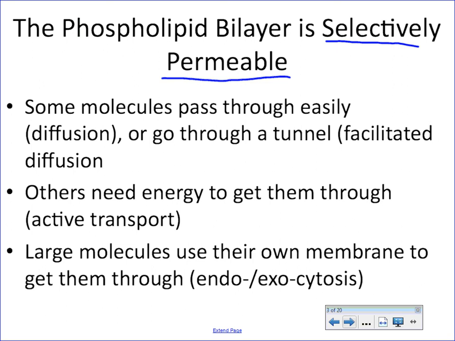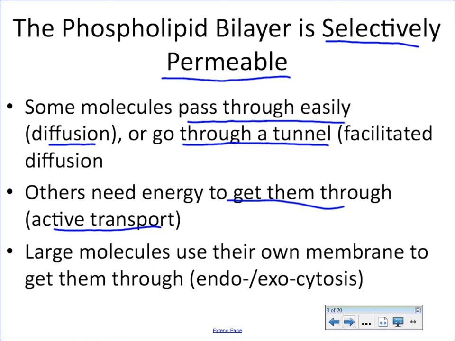What selectively permeable means is that some molecules will pass through easily in the process of diffusion, which we will cover, or they can pass through the membrane using a tunnel, referred to as facilitated diffusion. Some molecules need energy to get them through the cell in a process referred to as active transport.